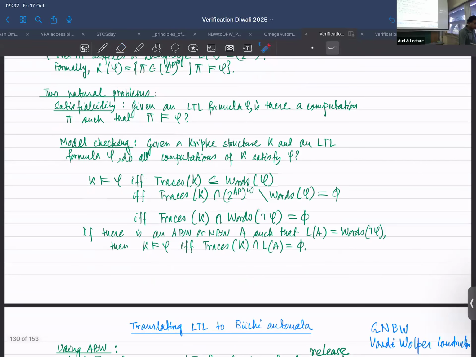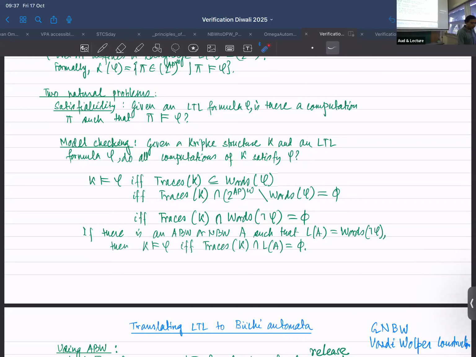The way one would actually check this algorithmically is to consider that this is essentially equivalent to checking that the intersection with the set of words which don't satisfy phi should be empty, right? These are the words corresponding to the negation of the formula.